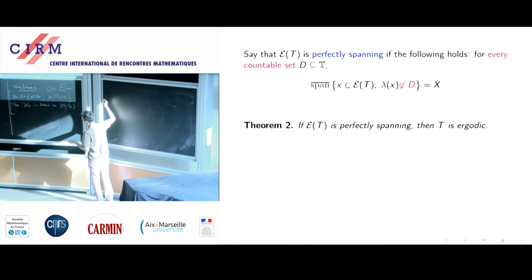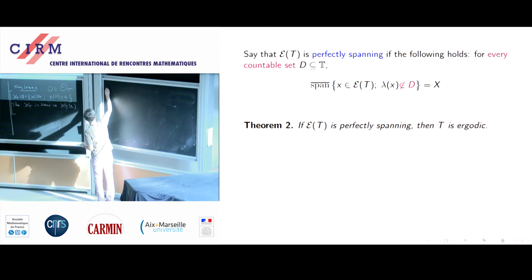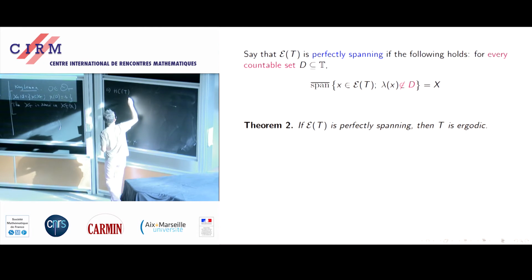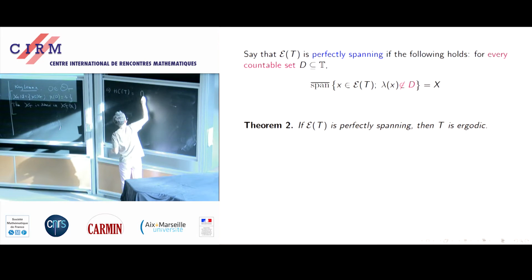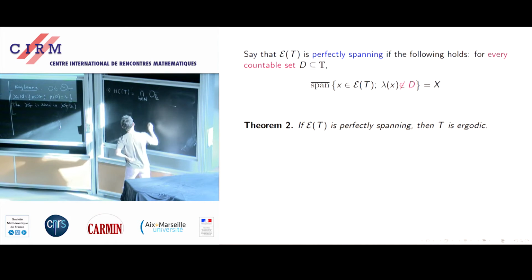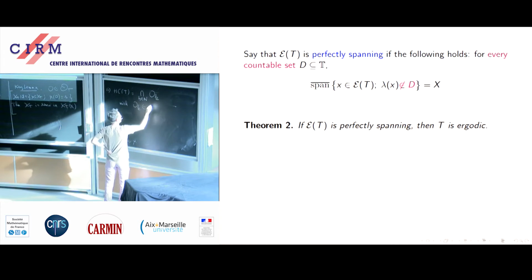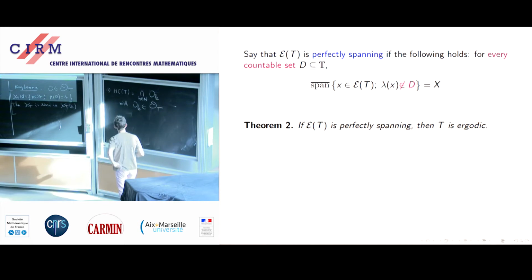so now what do you do? What you observe first is that, well, if you look at the set of all hypercyclic vectors of T, then this can be written as a countable intersection of open sets O_k in this family of open sets.